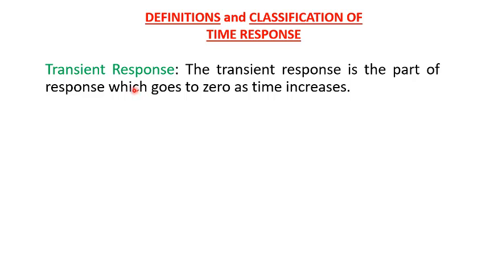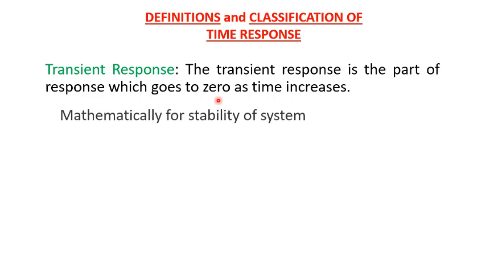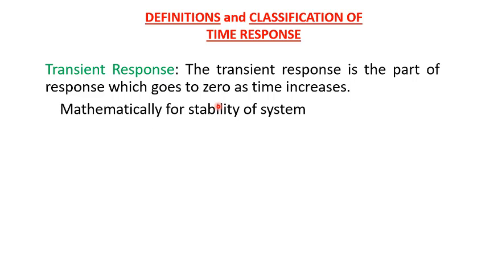Transient response. The transient response is the part of a response which goes to zero as time increases. So mathematically, for stability of the system, we write it as limit of c_t(t) equal to 0 as t tends to infinity.